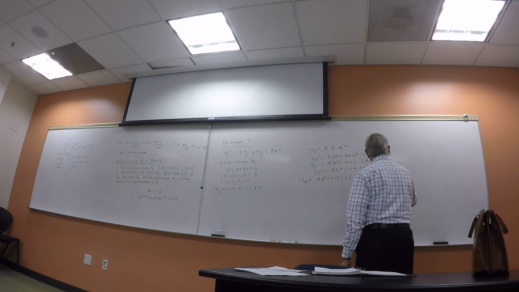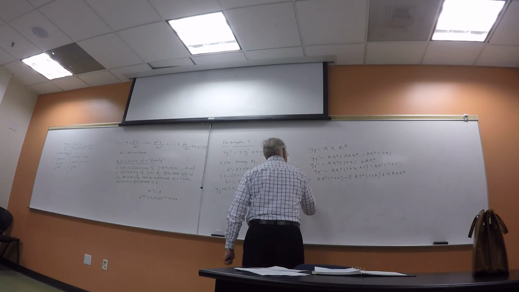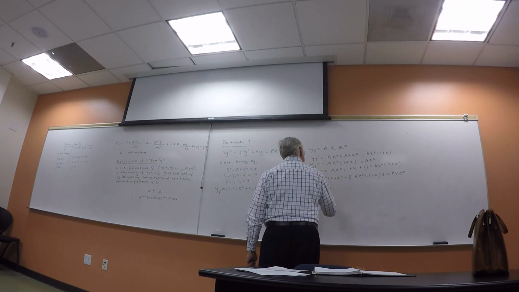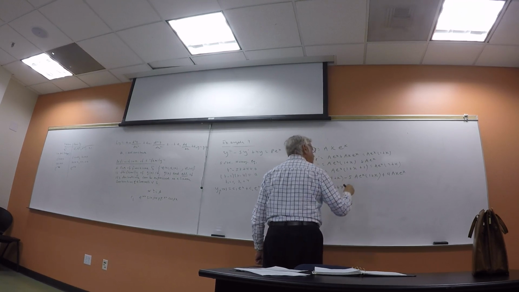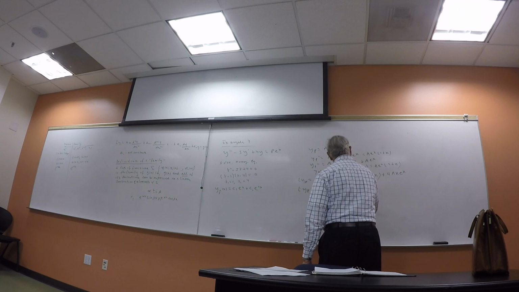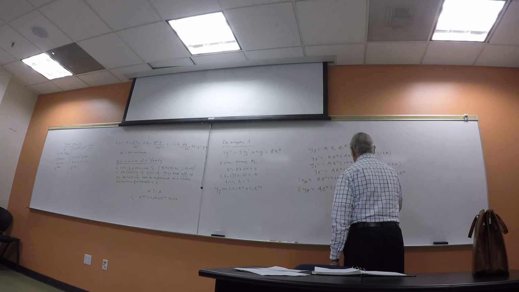And the particular is A x e to the x. Okay, let's clean this up. L operating on yp. And I can factor out an A e to the x on everything, right? Here we get a 2 plus x. Be careful over here. I factor out A e to the x negative 5. Negative 5, negative 5x. And then factor out A e to the x plus 4x.